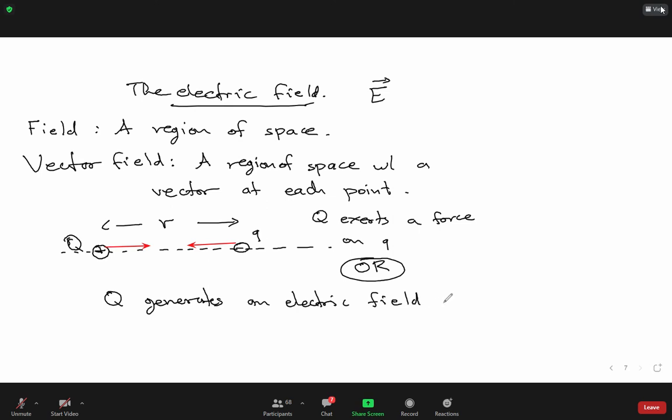Let's call it E, with a subscript uppercase Q. And this E sub Q acts on little q, producing the electric force.